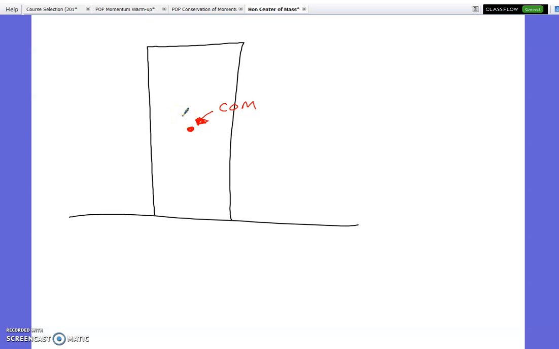Just like before, this is going to skew the center of gravity a little bit lower, so that the center of gravity is going to be slightly lower than the center of mass. Now, in all actuality, this distance is so small, it's not very noticeable at all. So typically, the center of mass and the center of gravity are just about the same spot, too close to even make much of a distinction. But there is a slight variance between the two.